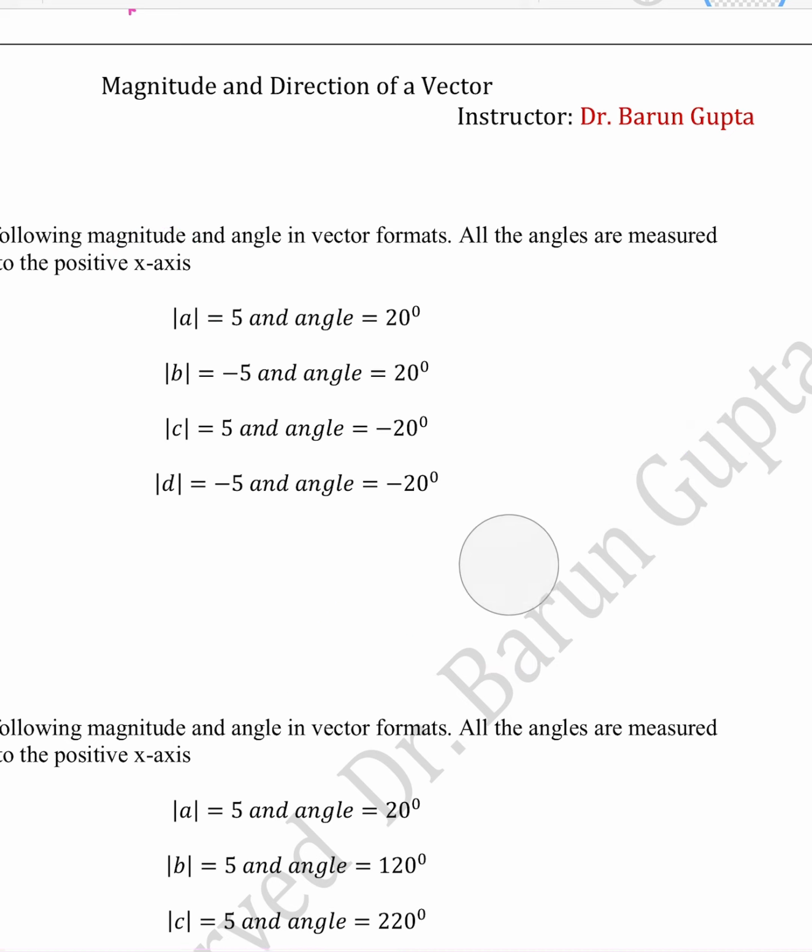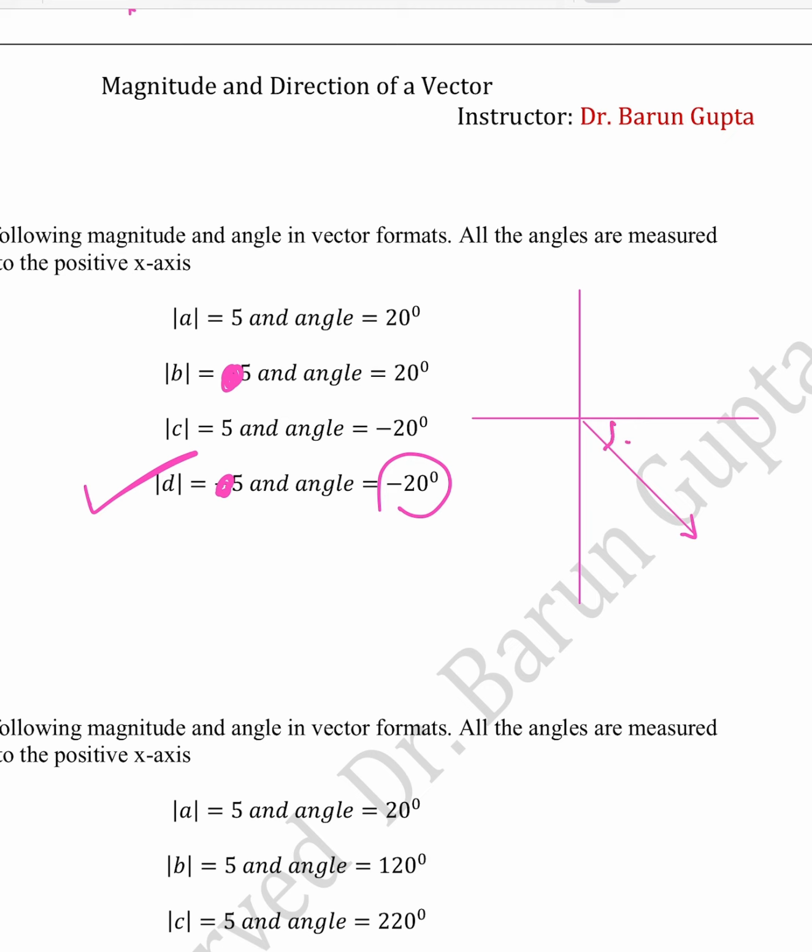Now let's talk about problem D. The angle is negative 20 degrees. Here the negative should not be there; for some reason I have written a negative. It's a magnitude, so it's just 5. The angle is negative 20 degrees, so that means this way, that's the 20 degrees.